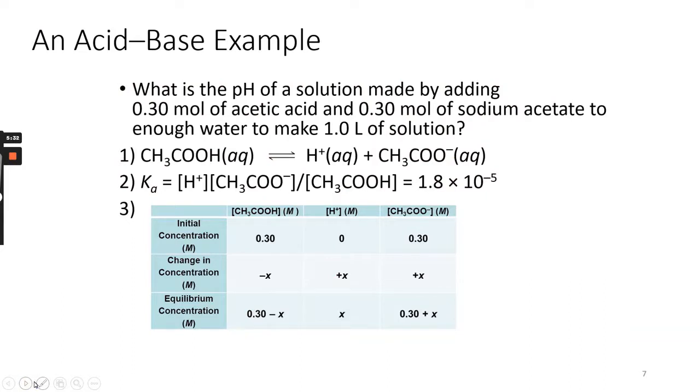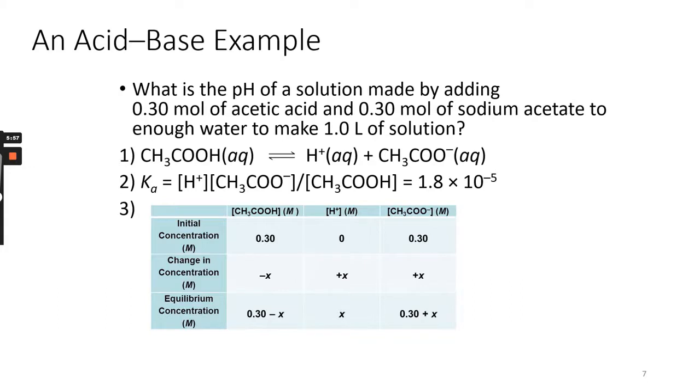So here's another example. What is the pH of a solution made by adding 0.3 molar acetic acid and 0.3 moles of sodium acetate? So this acetate is our common ion. Here is our relationship. We are adding acetate, increasing this, which is going to make it shift to the left, decreasing our H+ value, right? So keep all that in mind. So here's what we start with.